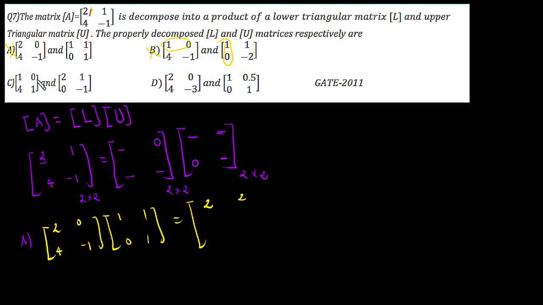Again let's multiply this first row with the first column of this upper triangular matrix. So yes, the first entry in this multiplication is 2, because this 1 multiplied with this 2 and here we are getting 0. So simply 2. Let's find this second element. So multiply this one with 1, it will give me 1 plus 0 multiplied with -1, so it makes 0.